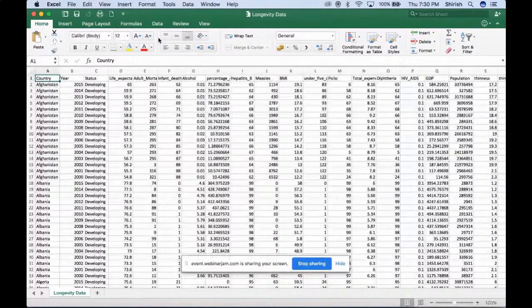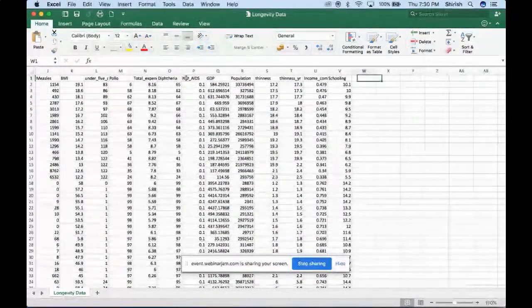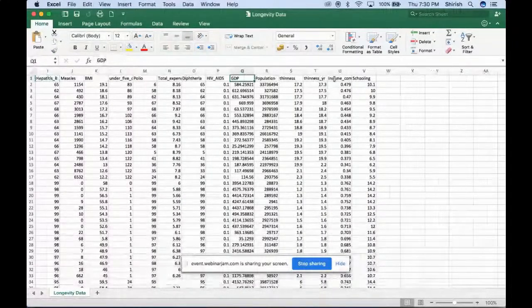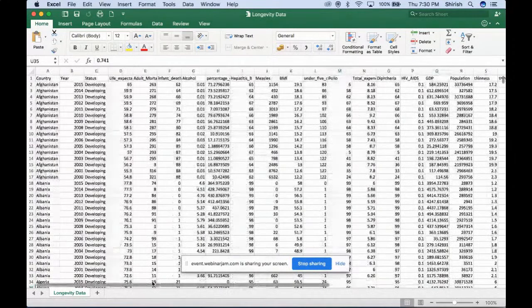I have the country, year, status, alcohol, percentage, hepatitis, measles, BMI, GDP, income, schooling. So I have 22 variables here, and I have collected the data for them, with many observations for different countries and different years.